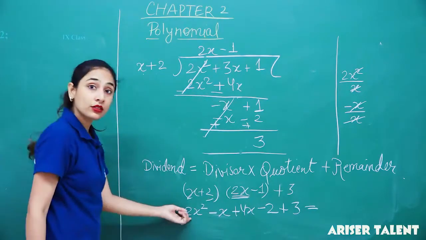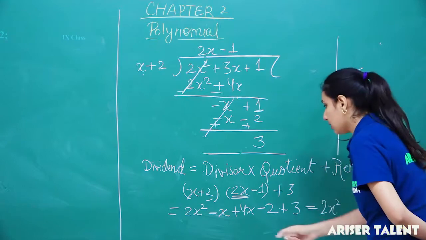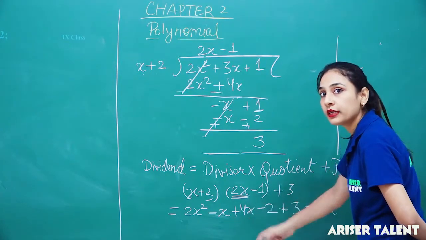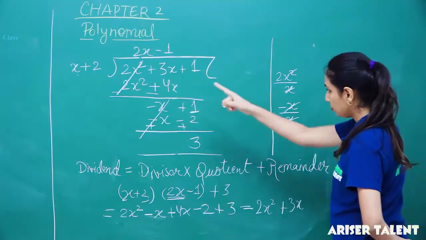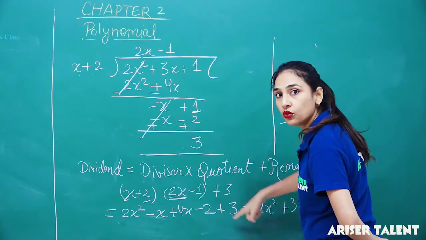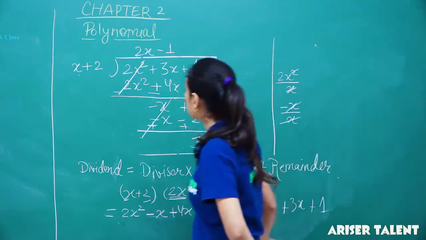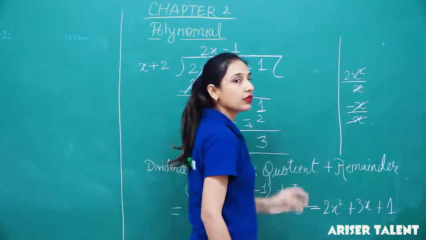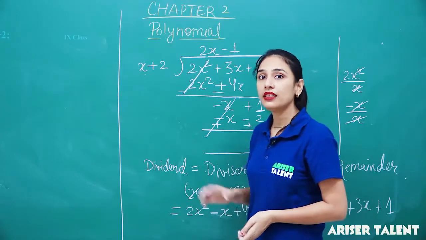Now 2x square, and minus x and plus 4x will give you nothing but plus 3x. Okay, so it's going fine. Minus 2 plus 3 will give you nothing but plus 1. So what you got is the dividend here, 2x square plus 3x plus 1. So it's true. In this case, it's true.